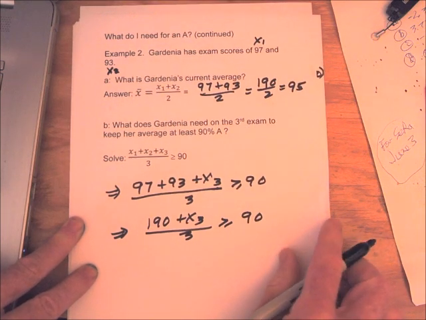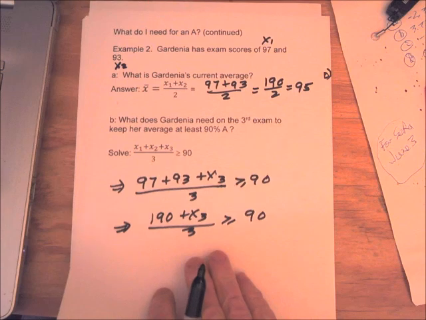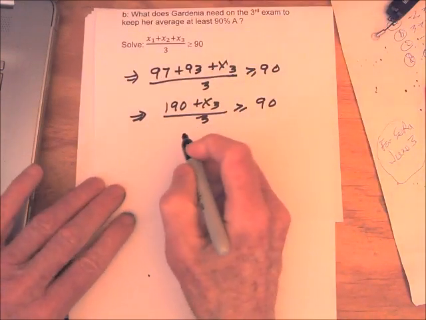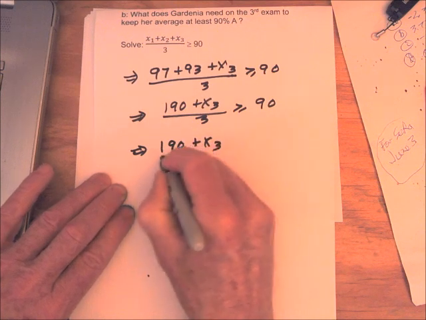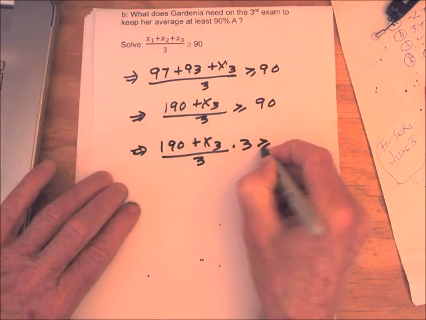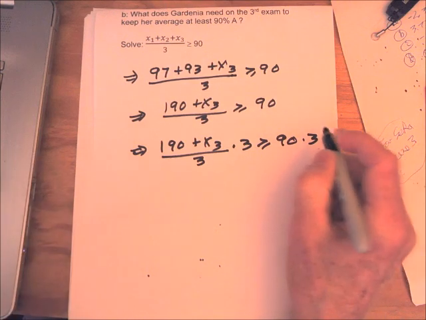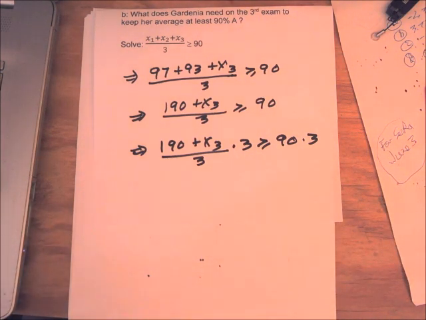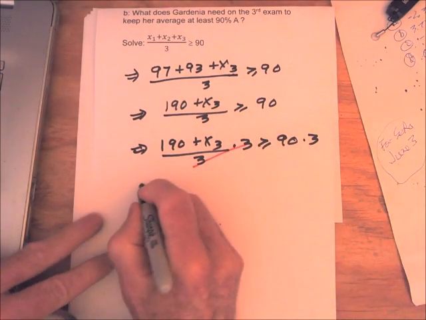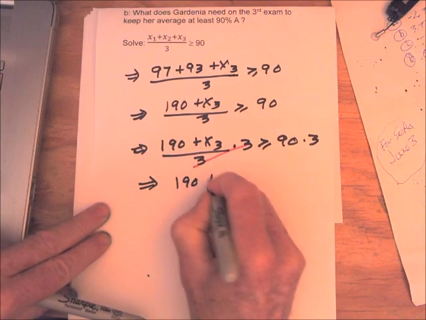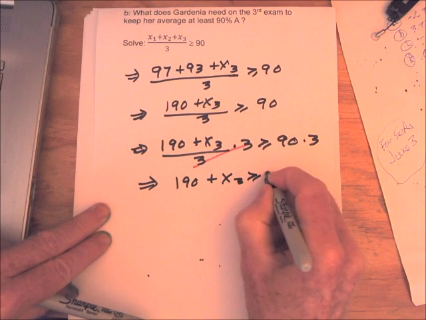Then we want to get rid of the 3 and isolate the third exam score. Multiply both sides by 3 to get the 3 out of the denominator. On the left side, the 3's will cancel, and we just have 190 plus X3, the exam 3 score, greater than or equal to 270.